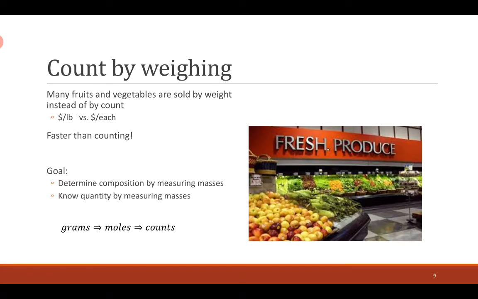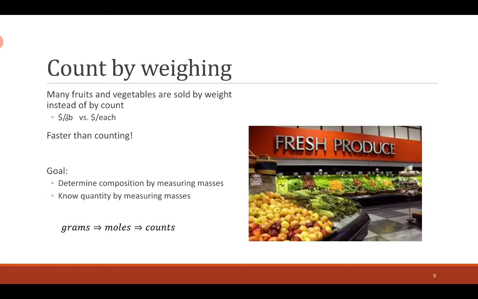And so a lot of fruits and vegetables are sold by weight rather than each. Although you do have to watch it though, because Target sells bananas by the each, and so just look closely at the tags to know whether you're buying things by the pound or by each.